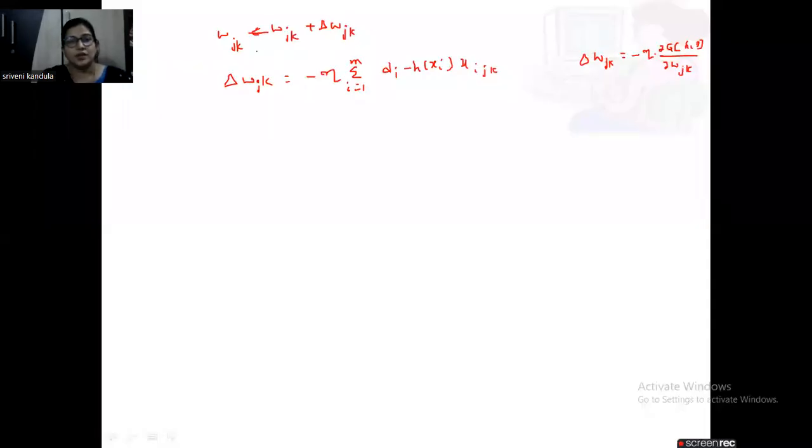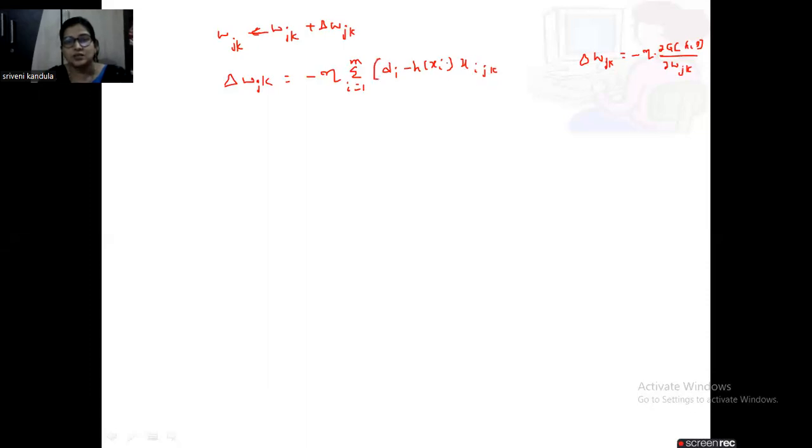So to update the weights, this is the formula that we will be using in gradient descent: wjk is wjk plus delta wjk, where delta wjk using gradient descent is minus eta into ∂G(h,D)/∂wjk. The result of this we have obtained as (di minus h(xi)) multiplied with xijk, right?